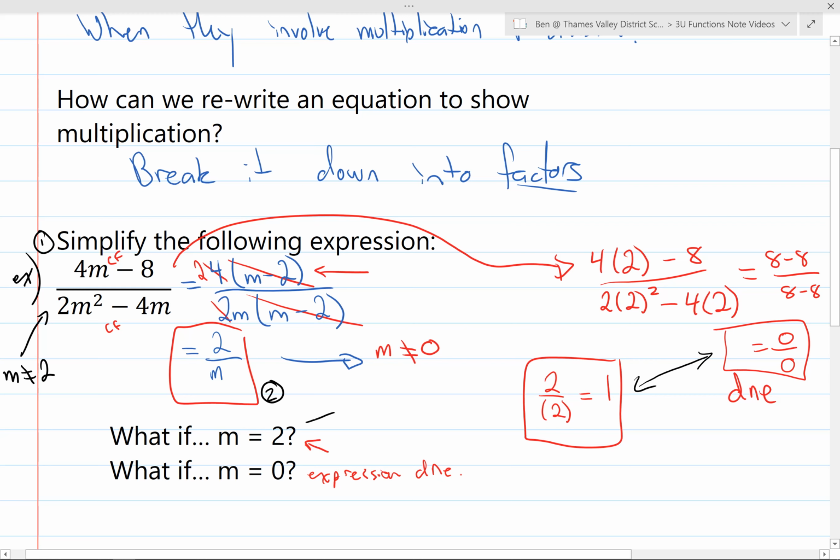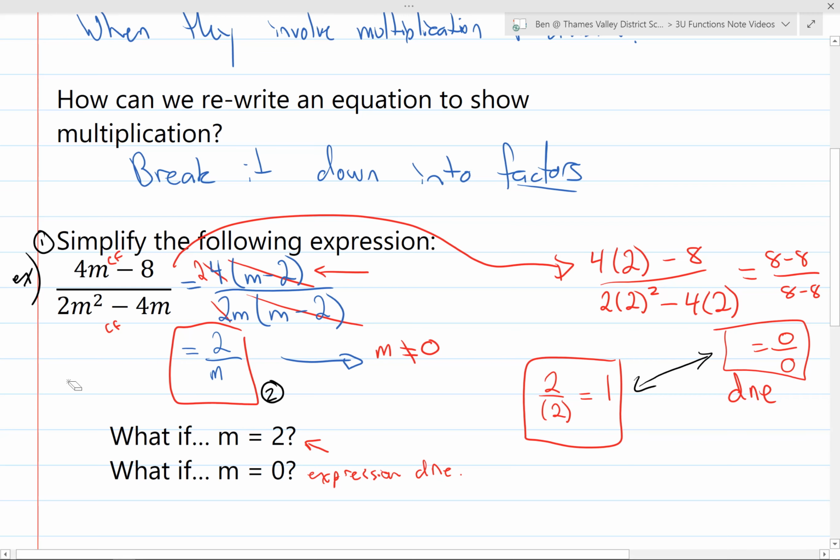It just happened to be in the question here, but how can I identify where I can have this restriction? Because I can't look at this expression here, 4m minus 8 divided by 2m squared minus 4m, and see right away that a value of m equals 2 will create a bunch of confusion in my calculator.